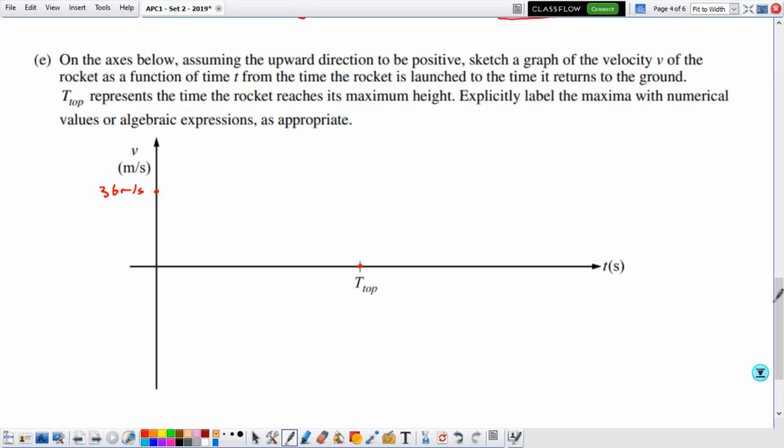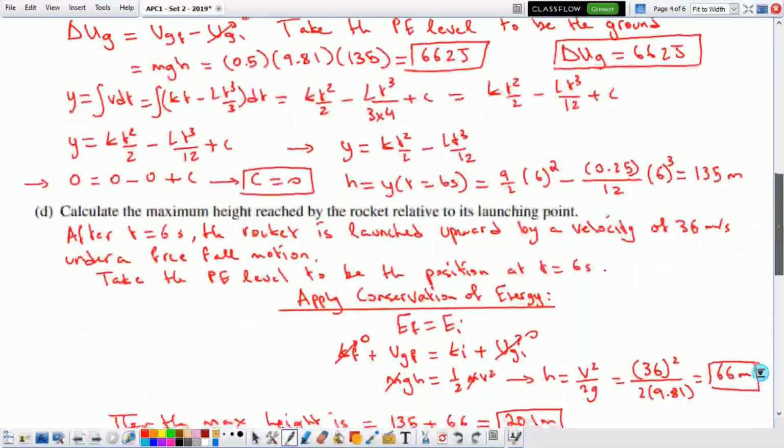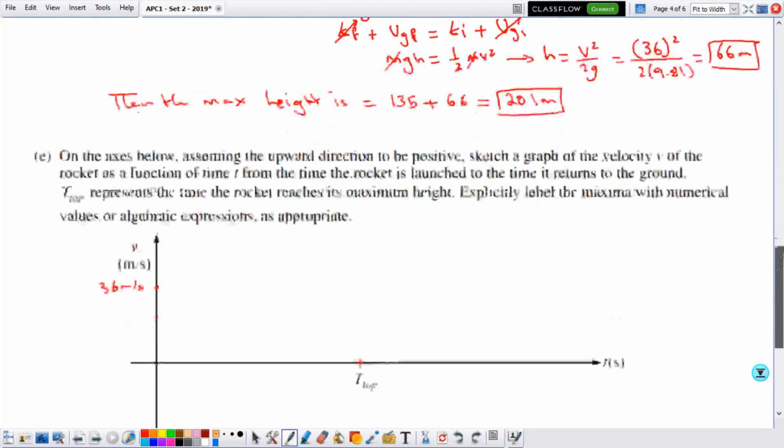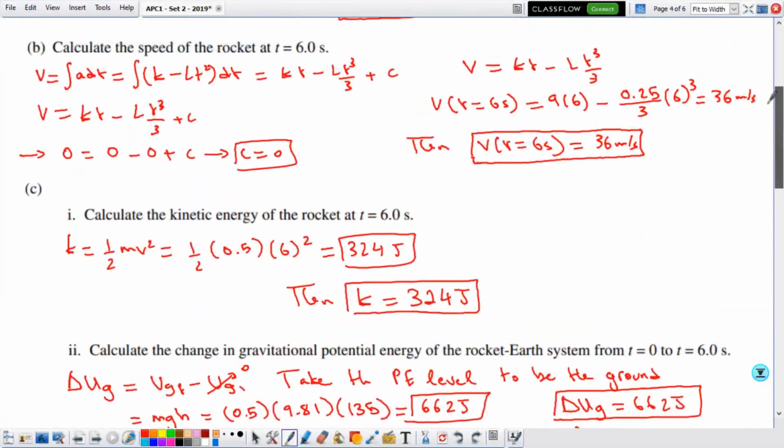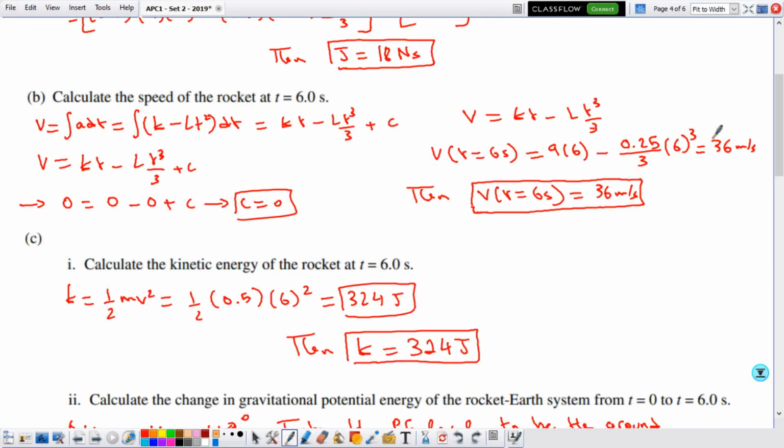Now, for the first phase, the velocity is given by kt minus lt cubed over 3.